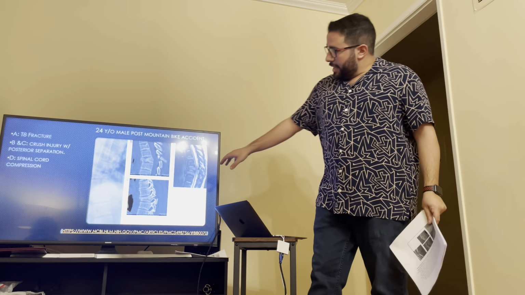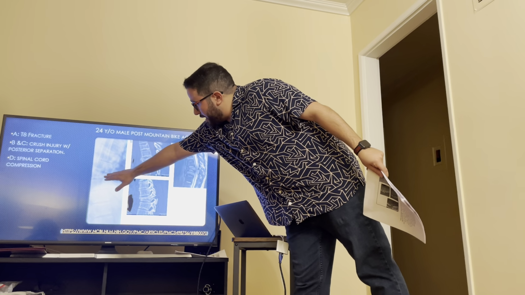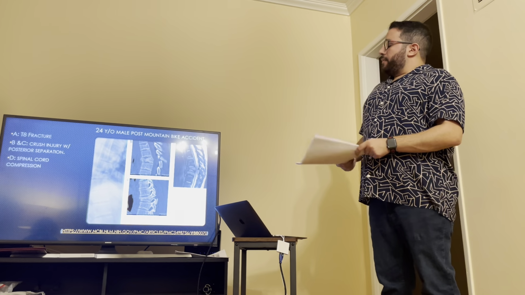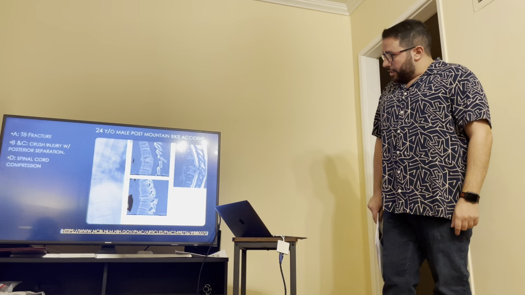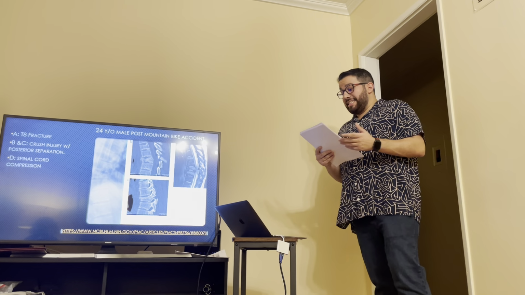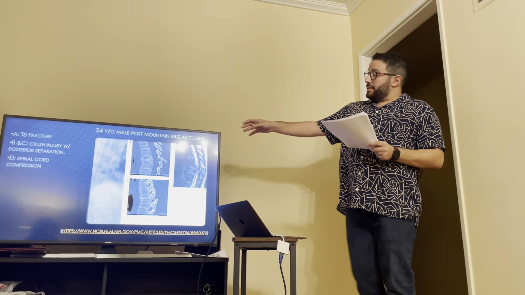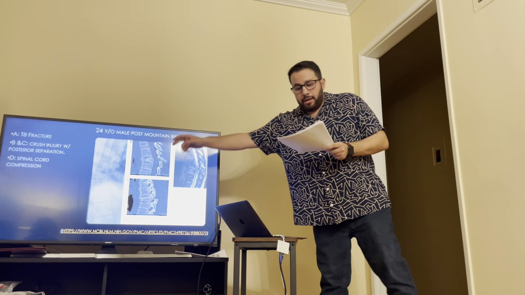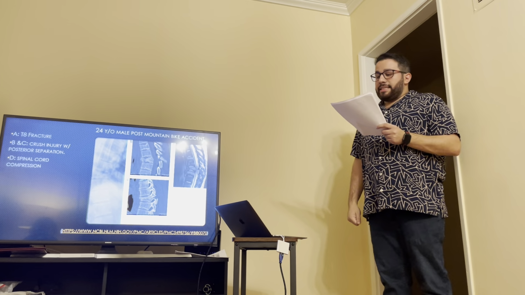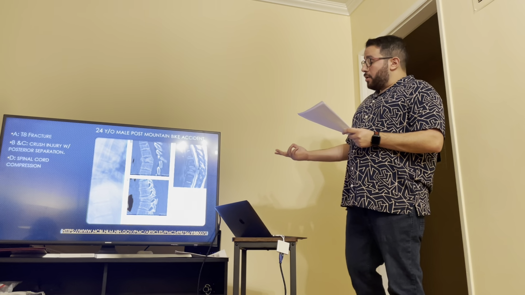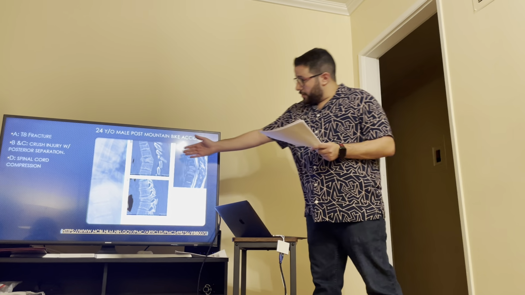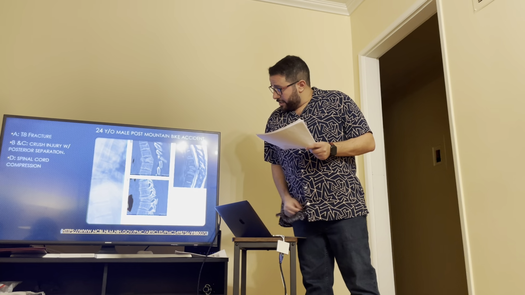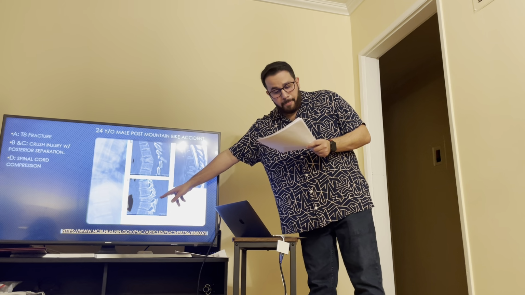You can see a T8 fracture right here, and figure B and C are the same patient, which was done via CT. Now, figure B is the mixed sagittal view and figure C is the parasagittal view. And you can see that there was a crush injury and posterior separation. So here's the crush injury. And the posterior separation is better seen in figure C right here.